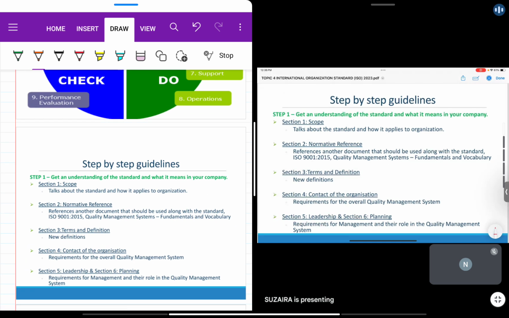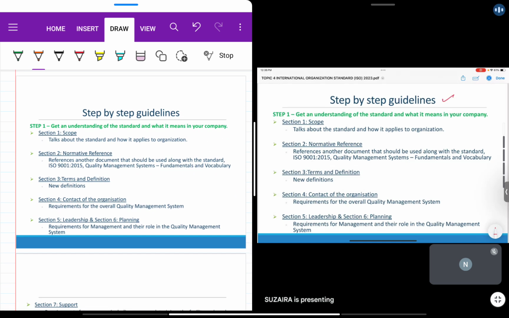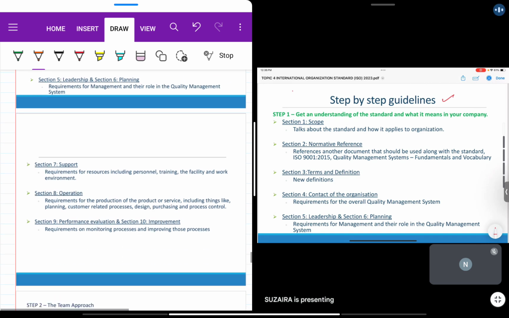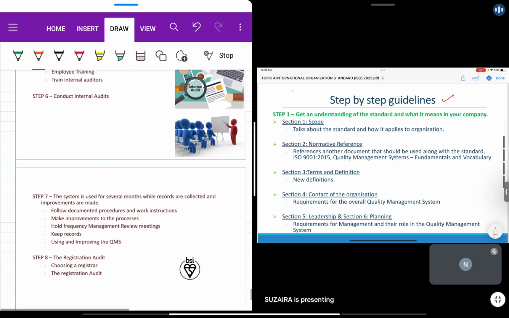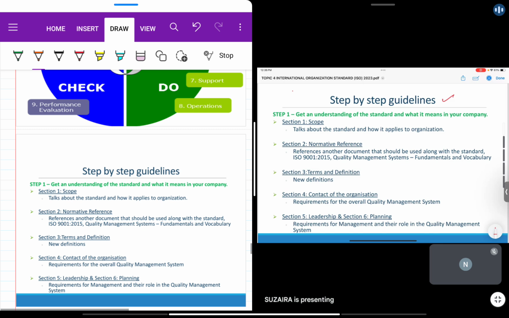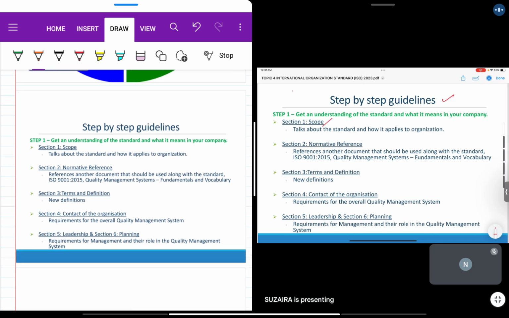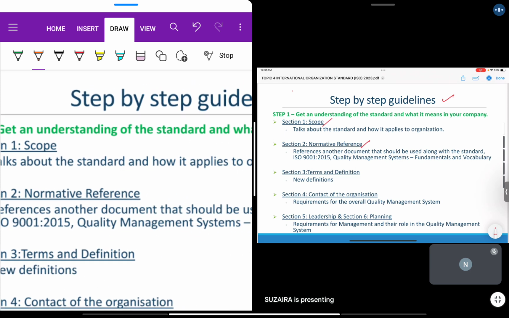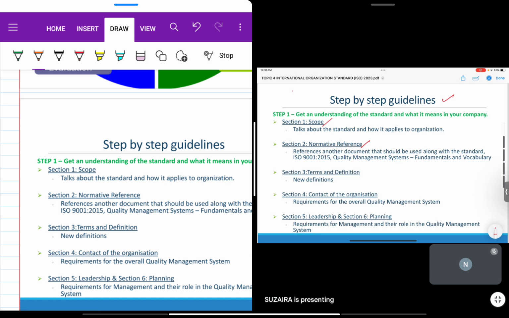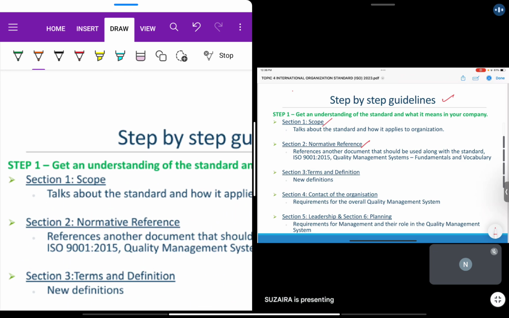And as I mentioned to you, the step-by-step guideline. We have the step-by-step guideline, which is what I just showed you about the standard here. It's more or less the same. You talk about scope. Scope is more towards what you actually want to achieve, or what the policy and objective of the company is. Then section 2 is more towards normative reference, any reference that you use in order to obtain the certificates.